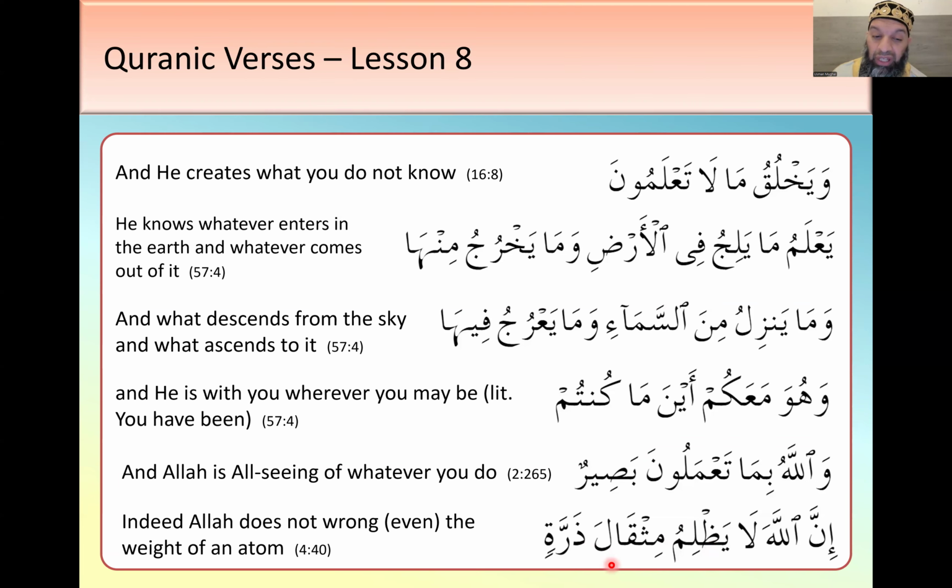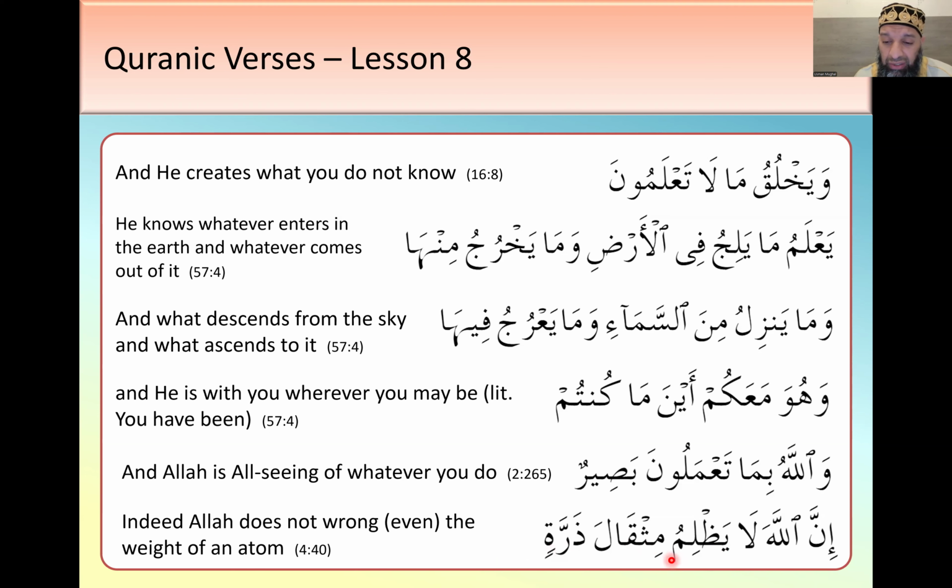Mithqala means weight. Dharra is translated here as an atom, a very small thing. So Allah subhanahu wa ta'ala doesn't wrong even the weight of an atom. The tiniest thing, Allah doesn't oppress.